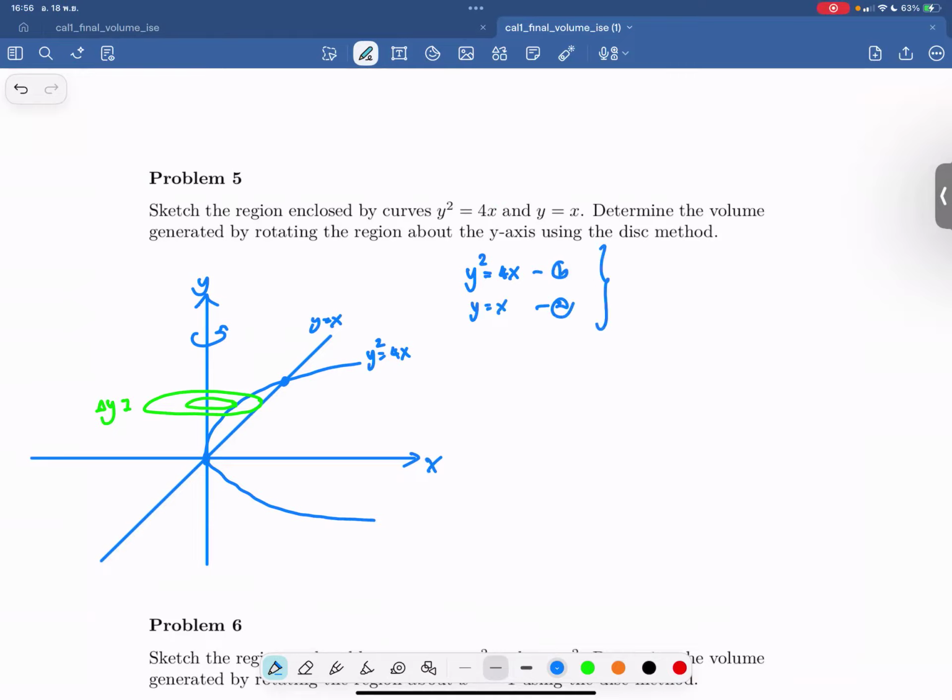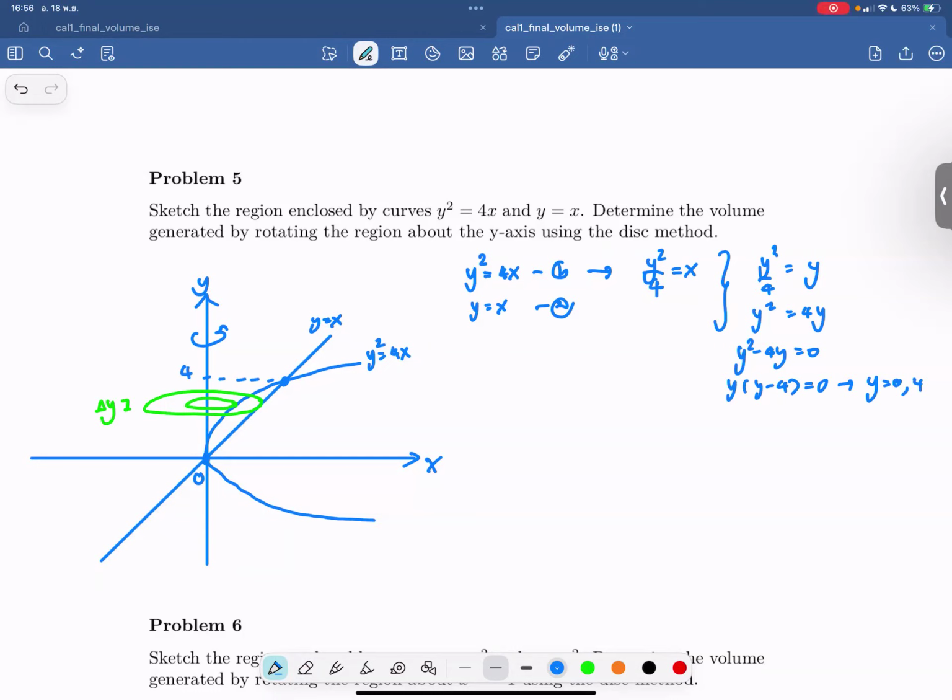Because we only need the value of y, I may try to isolate the value of x and then solve it by setting the y terms equal. Then we have y squared over 4 equal to y. So y squared equal to 4y, and then y squared minus 4y equal to 0, which means y equal to 0 or 4. So 0 is over here and 4 is over here.